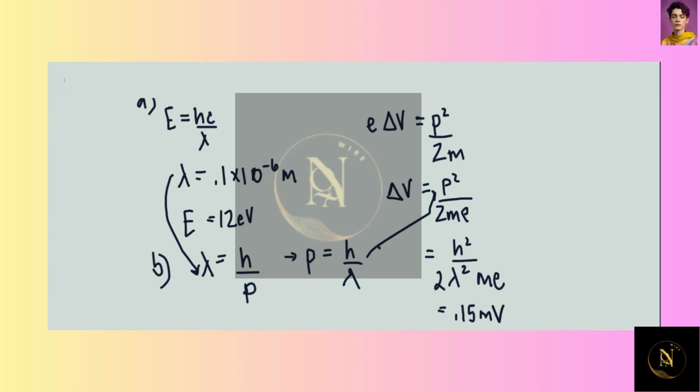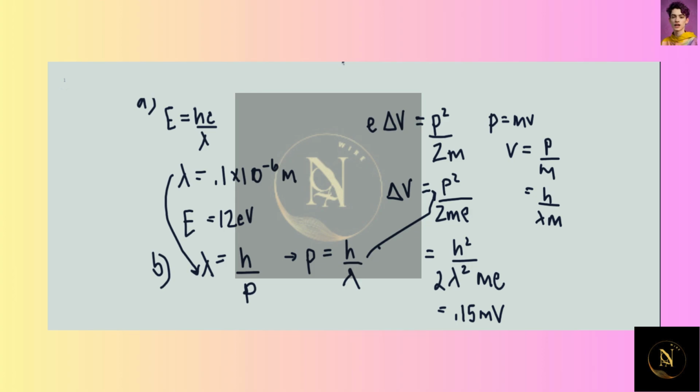Getting the speed, that's just calculating mv. So let me start labeling this actually. This is all for B. So p is mv, v is p over m, p is equal to h over lambda, so v is h over lambda m.